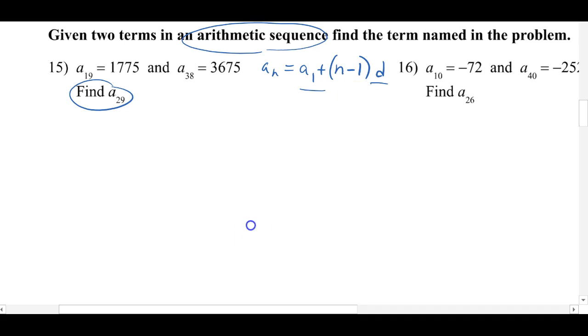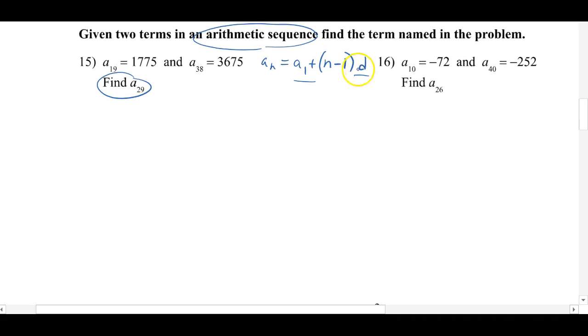So the first thing I'm going to do is look for the difference. Okay, so we're going to find the difference over here. We're going to find d. And to do that, I'm going to change this equation around just a little bit because we're not given the first term. But what I'm going to do is treat this 1,775 like it is the first term.